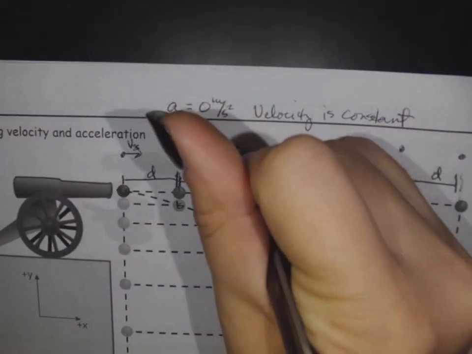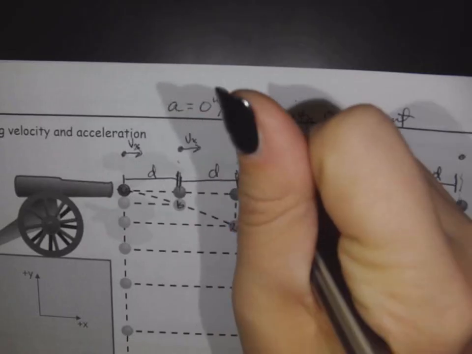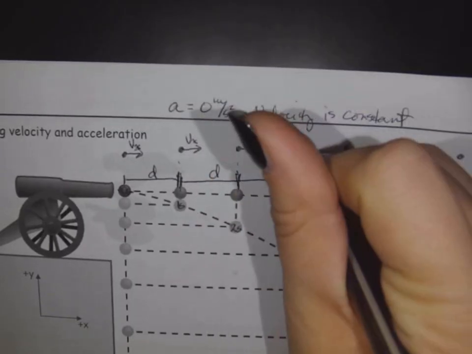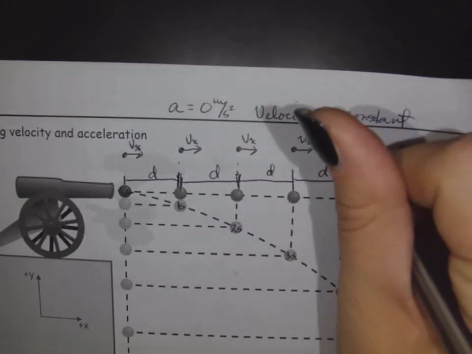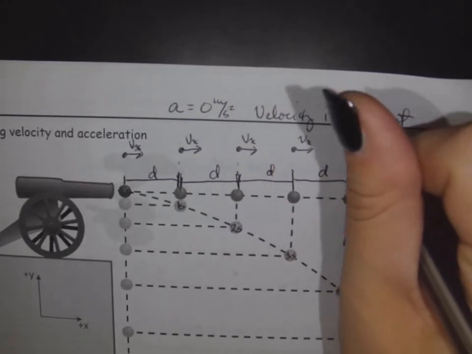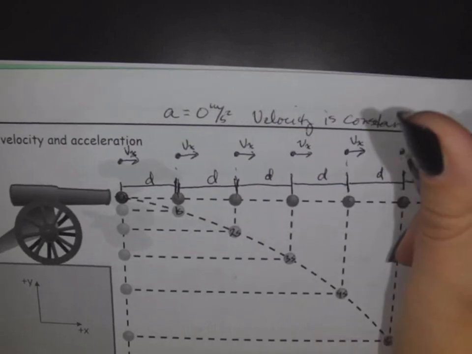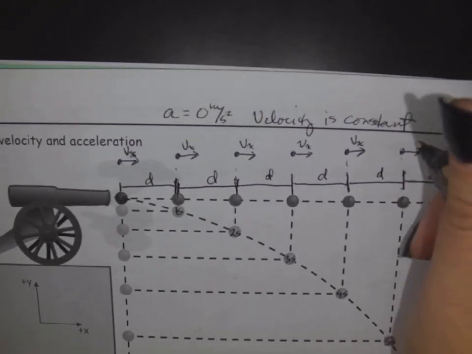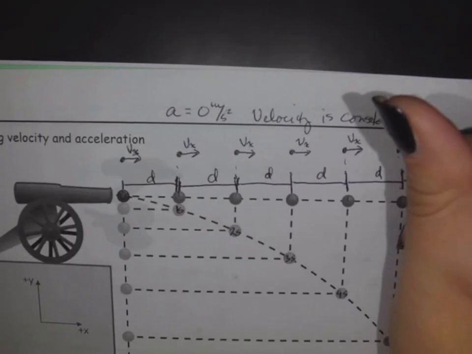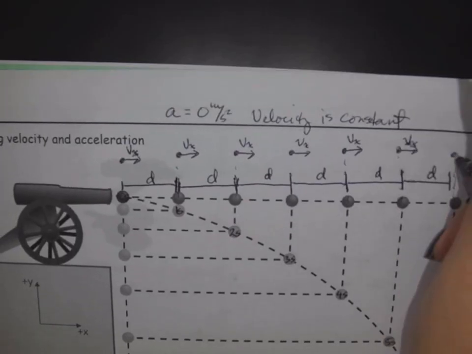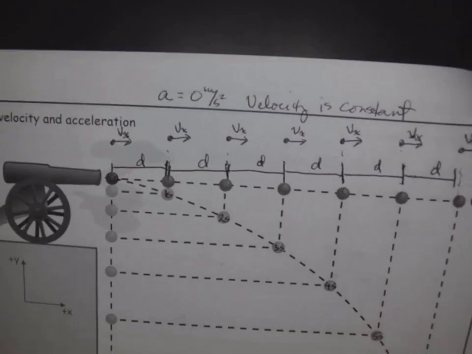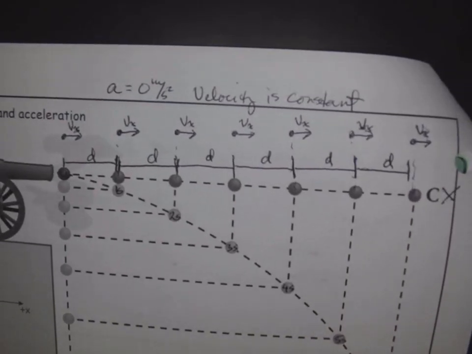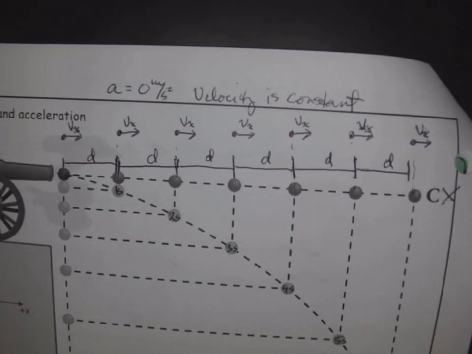And we want these arrows to stay exactly the same size because the velocity is not getting bigger and the velocity is not getting smaller. It's staying the same because it's constant. Okay, now I do want to say this is in a vacuum. This is like neglecting air resistance.